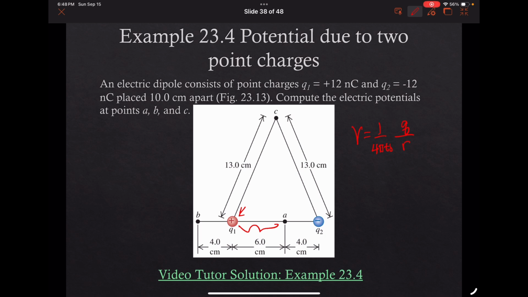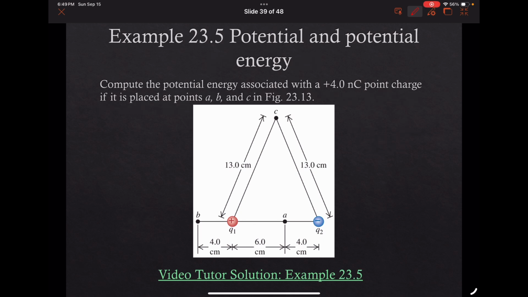And so you're going to be adding the potentials due to the positive and the negative charge at point A, the potentials due to the positive and negative charge at point B, and then the same thing at point C. And in this example, which I'd like you to do on your own as well, we're going to be finding the potential energy that's associated with placing a third point charge at points A, B, and C. Okay, so you're going to be calculating the total potential energy at A, B, and C, due to the interaction of this +4 with the point charges Q1 and Q2.